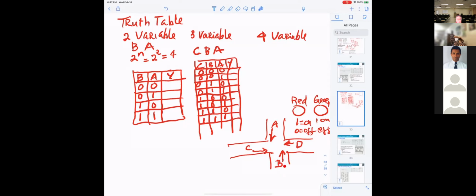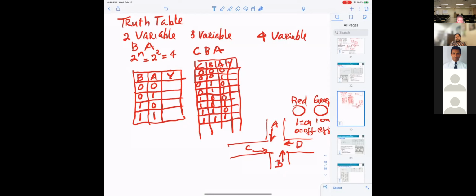Everything must be using the truth table. And after the truth table, you get an input, you get the output. Then now you have to draw the circuitry from that truth table. Then you can build that circuitry that will be controlled for the light.